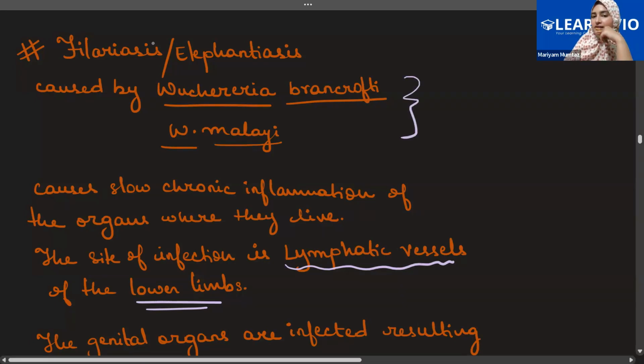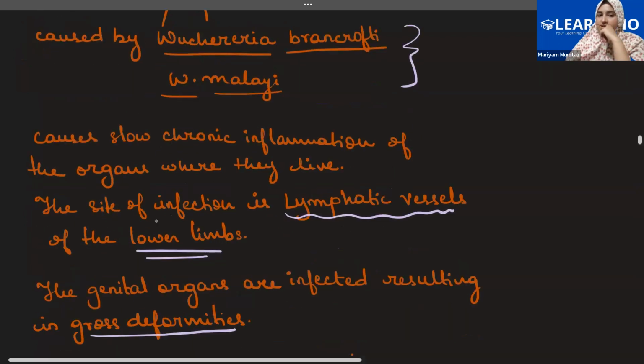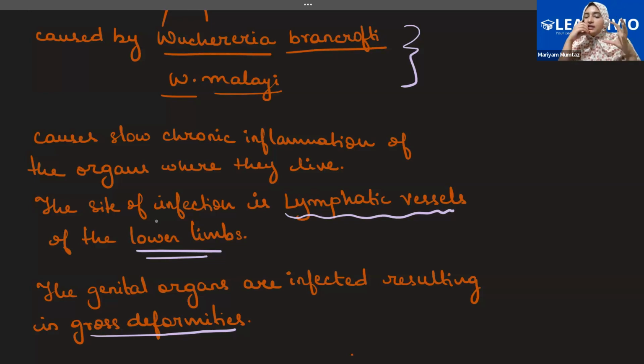Now, Wuchereria is a worm. In this particular disease, it causes slow chronic inflammation of the organs where they live, and mostly they infect the lymphatic vessels. You people remember the lymphatic system that is there in our body? If you remember body fluids and circulation, you might remember the lymphatic system.